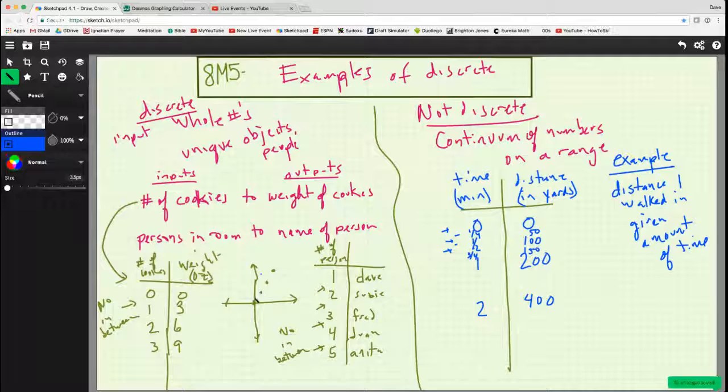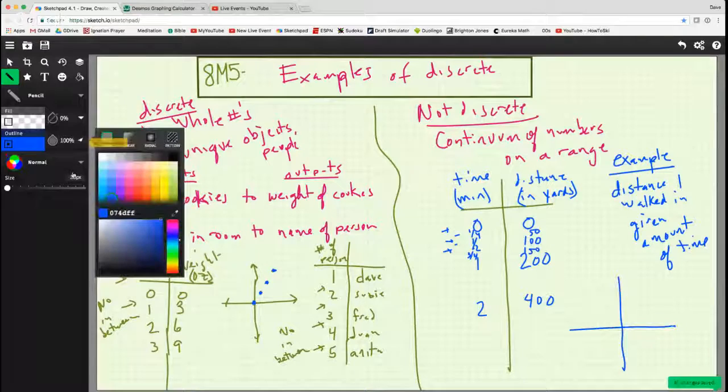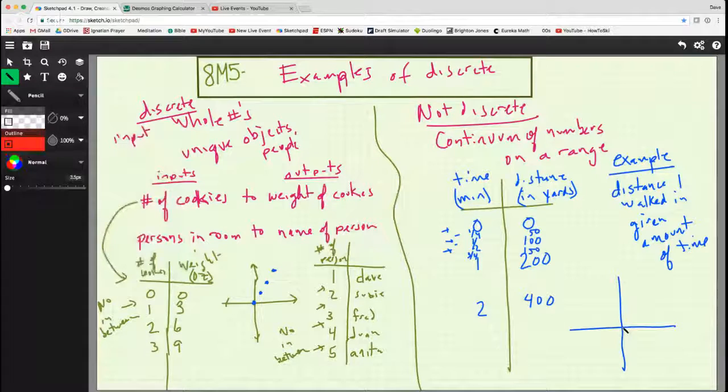So remember this graph over here I had for cookies and weight, I had these unique points or these discrete points for 0, 1, 2, and 3, and there's no in between. Over here, if I actually graphed this data, I would have a graph that has something for 0, for 1, but I'd have something for a half and a quarter and an eighth and a 16th.